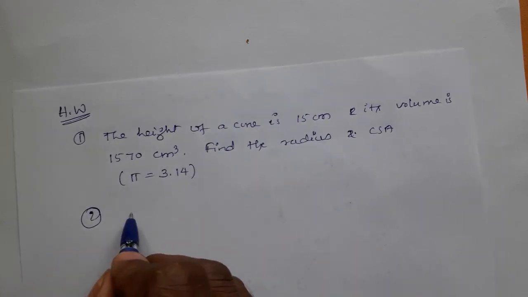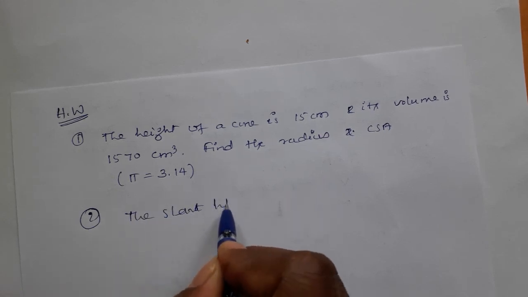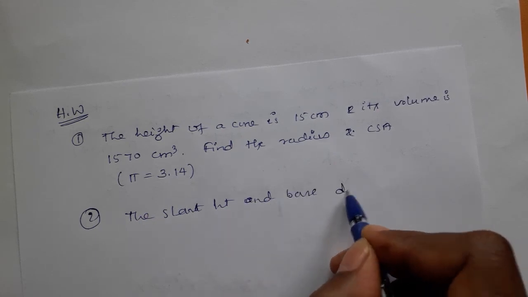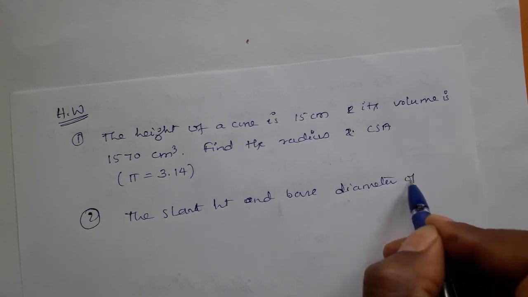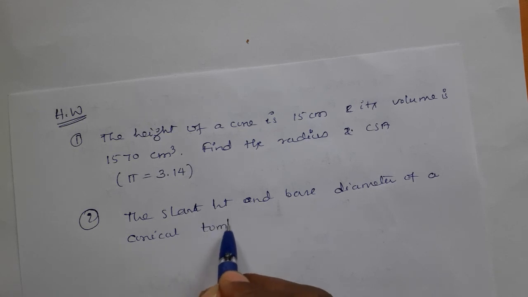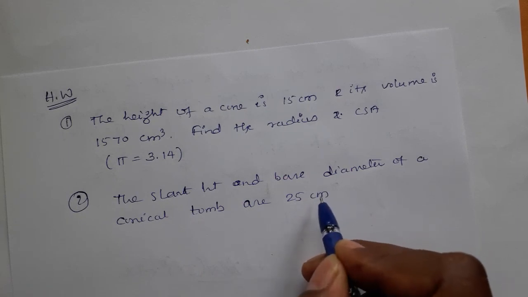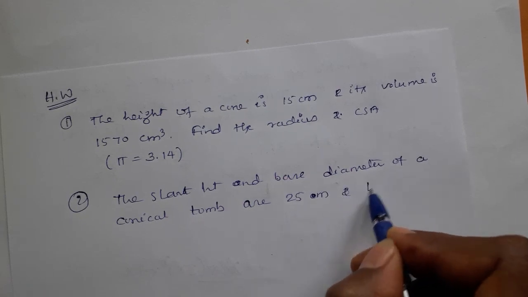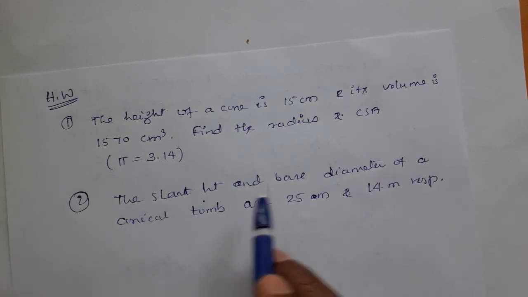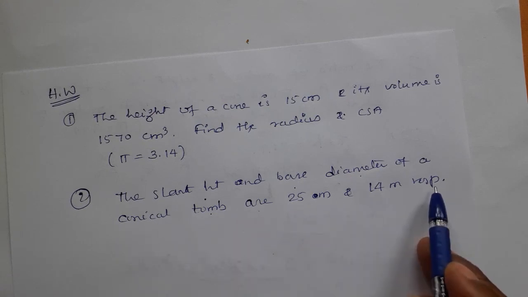The second homework problem is: the slant height and base diameter of a conical tomb are 25 meters and 14 meters respectively.